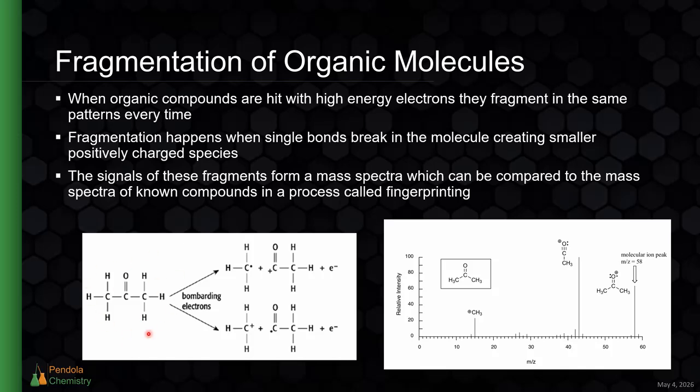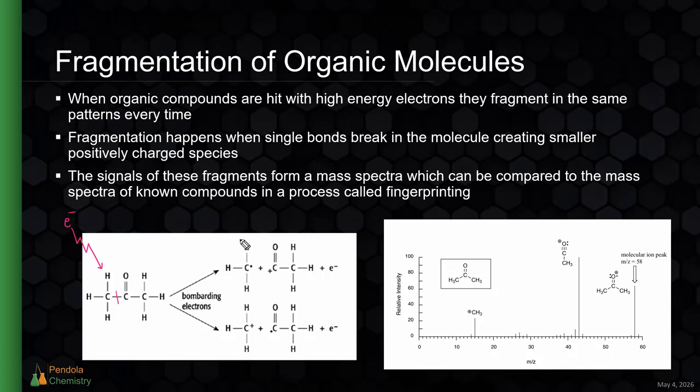So here, for example, if we have something like propanone, this compound right here, and we start shooting high energy electrons at this propanone, we are going to fragment it. It might start fragmenting right here, in this carbon-carbon bond.